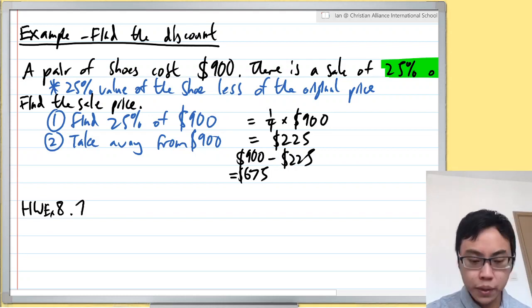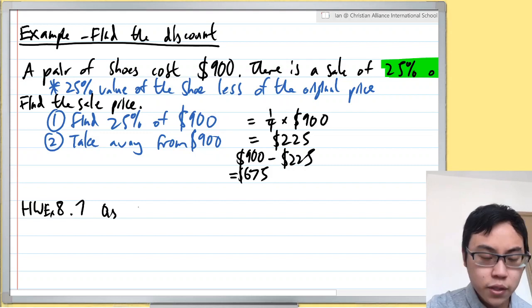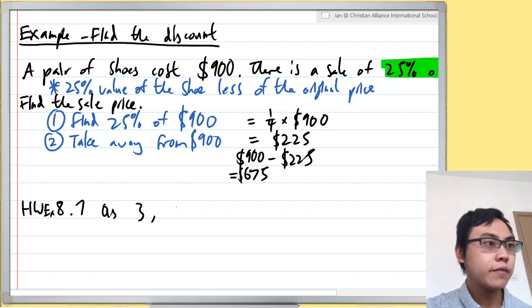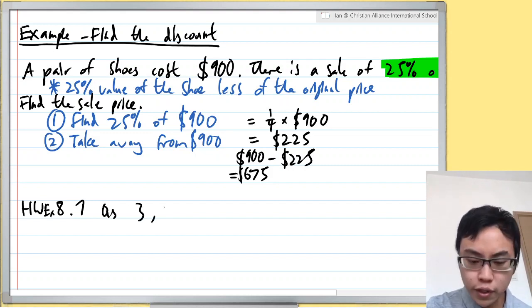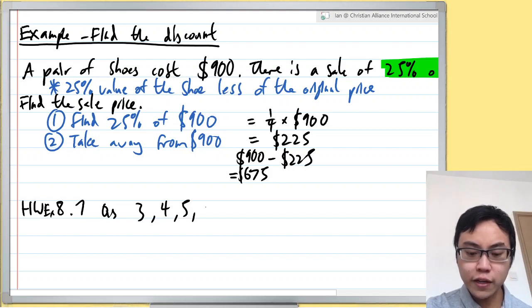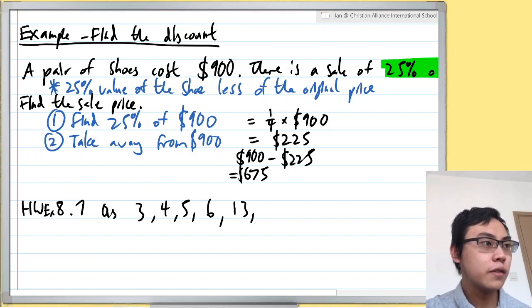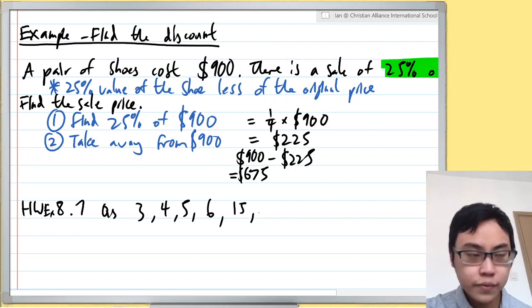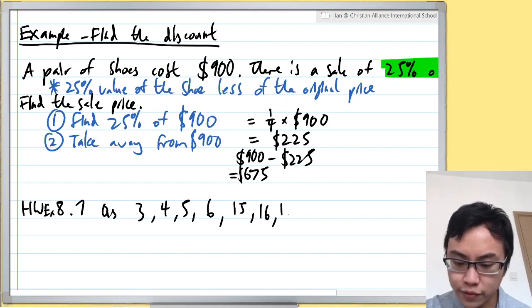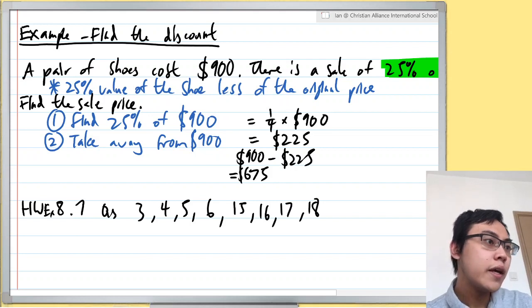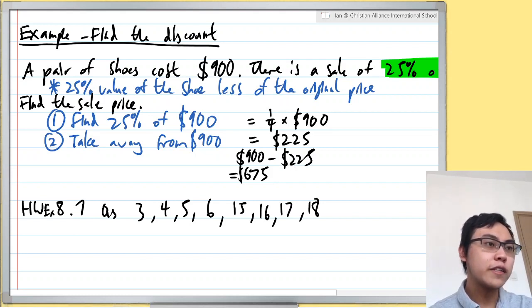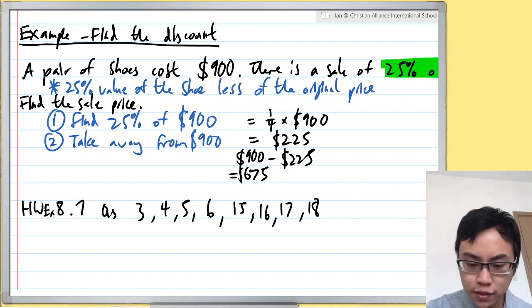The questions will be questions 3, 4, 5, 6, and then do 15, 16, 17, 18, and then I want us to find some sale price.